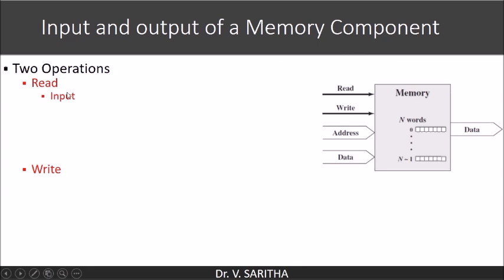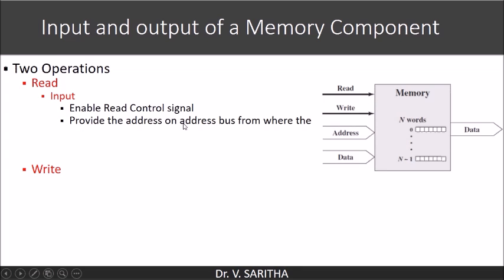First, read. What are the inputs we are supposed to give if we want to perform the read operation? First of all, we are supposed to enable the read control signal. Then provide the address on the address bus from where the data is to be read.